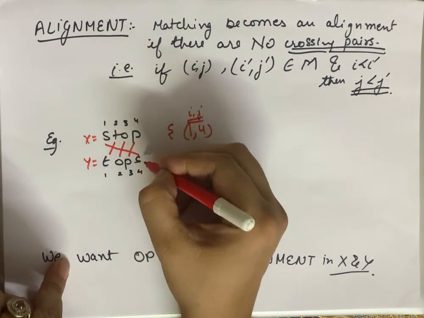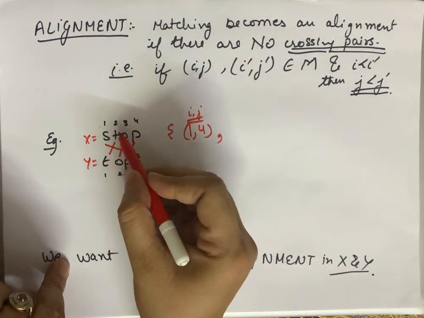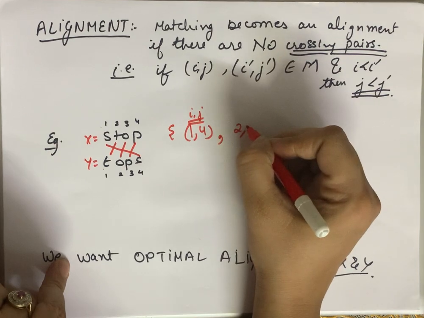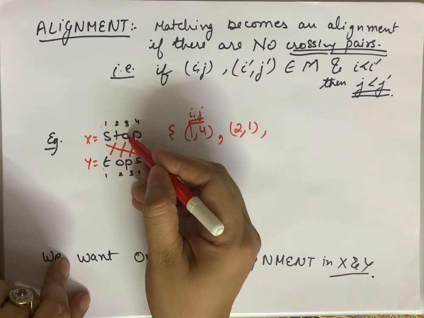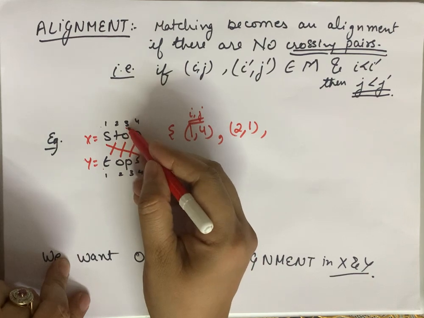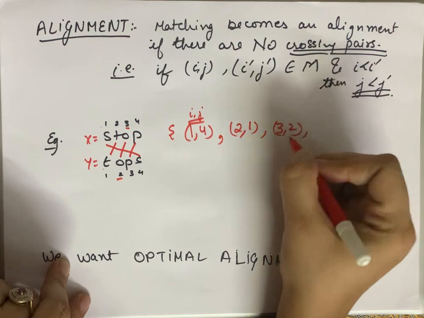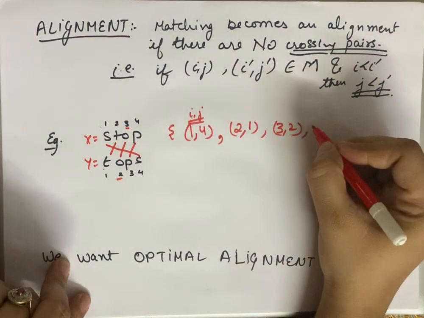So S is matched with S, so 1 is matched with 4. Next 2 is matched with 1. So second element position is matched with 1. Next, O is matched with O. Third element position is matched with second position. So 3, 2. Then I am matching P with P. So it is 4 with 3.